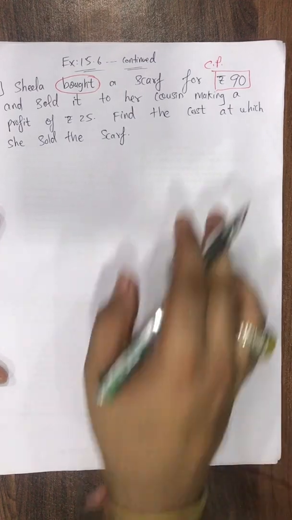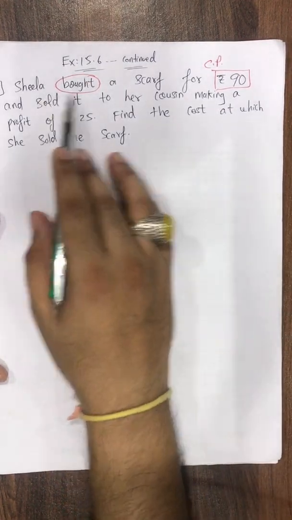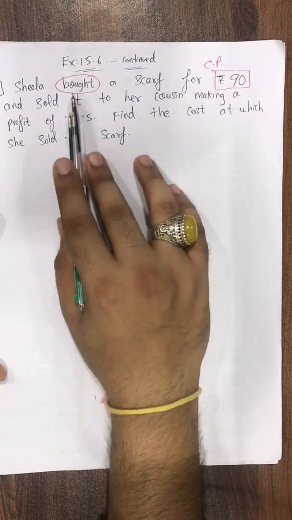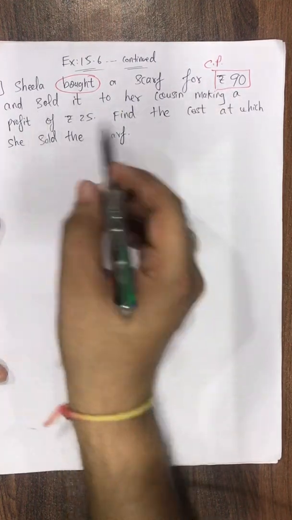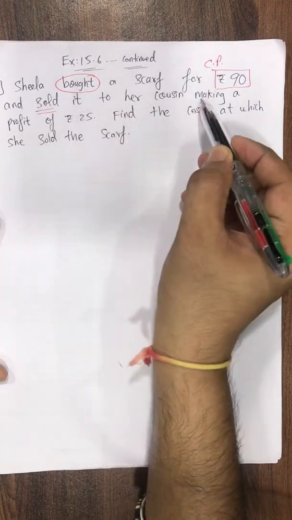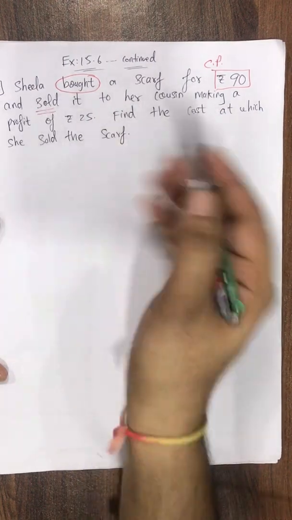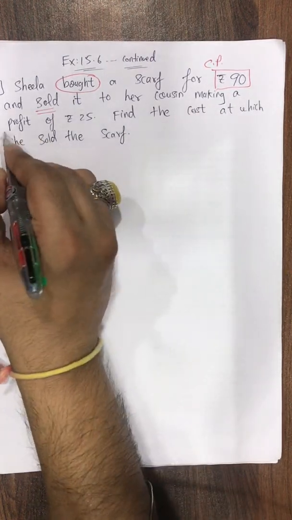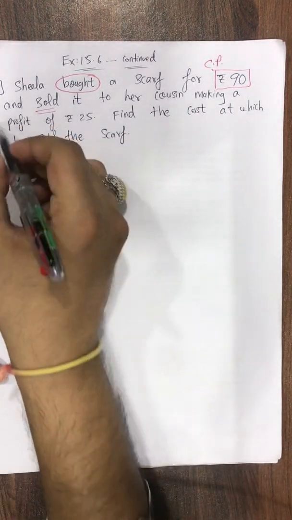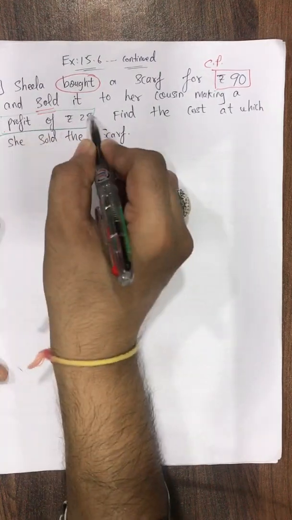Understand the English. She purchased, cost price is rupees 90, and sold it to her cousin, making a profit of rupees 25.